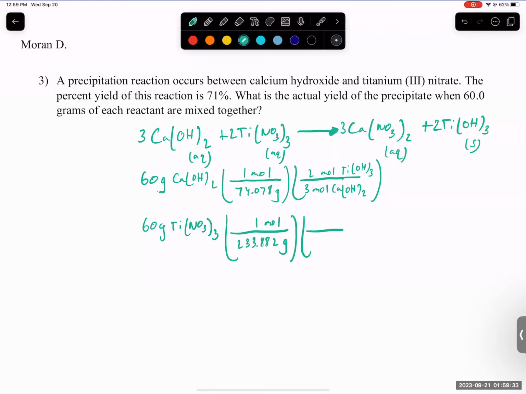And if you look at our balanced chemical equation again, for every 2 moles of titanium 3 nitrate, there are 2 moles of titanium 3 hydroxide. So again, it's a 1-to-1 ratio. So if we solve this out, what will be our limiting reactant?